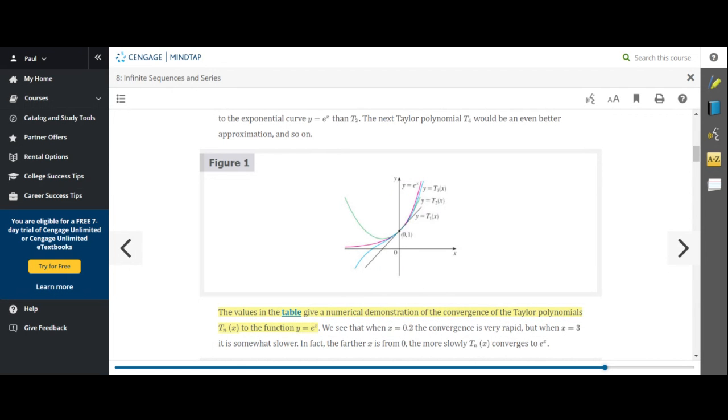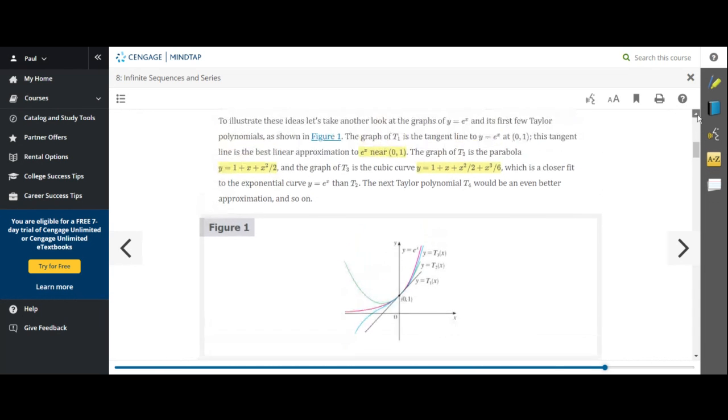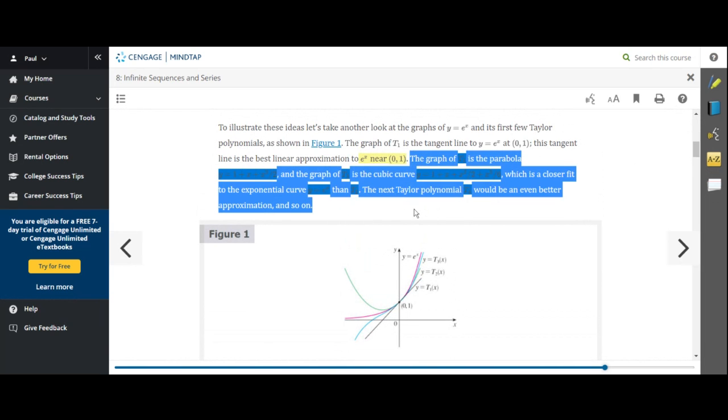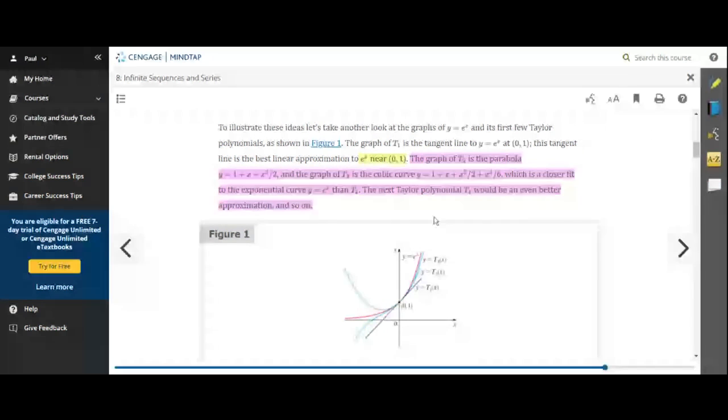The values give a numerical demonstration. Well, I want to be careful. In the picture here, you have a geometric demonstration. Let me put this in pink. This is really what I want to talk about.